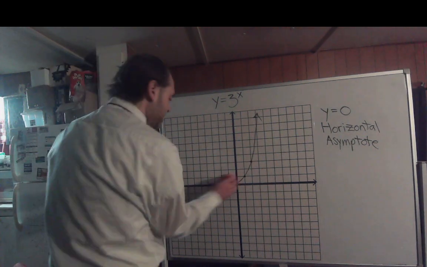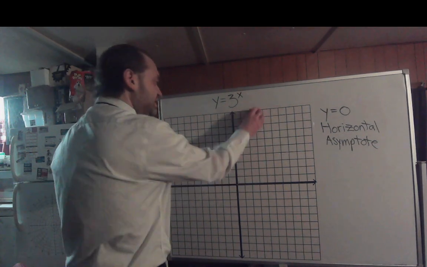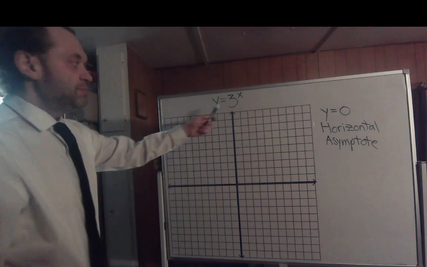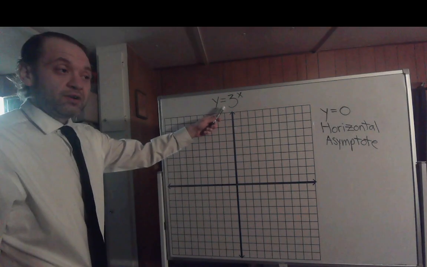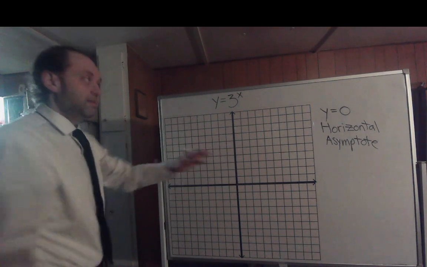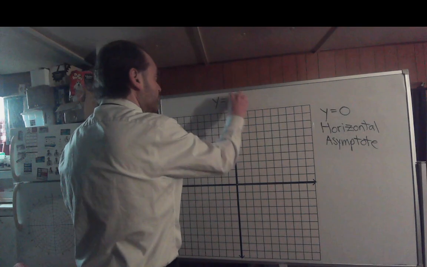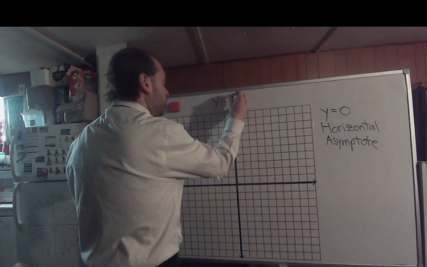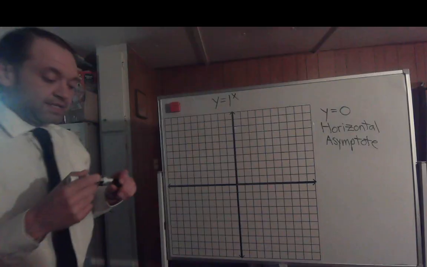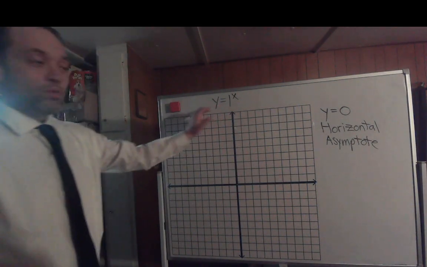Now, let's change this again here. So I think you get the idea that if the base is greater than 1, you're going to get roughly the same shape we've been getting. The reason I say greater than 1 is because if you put in 1 to the x, what are you going to get? Every value of x, you get a y value of 1.